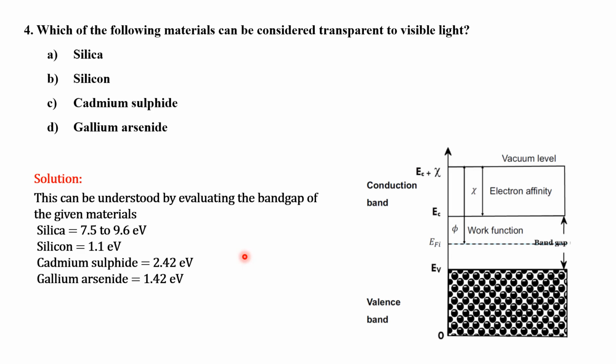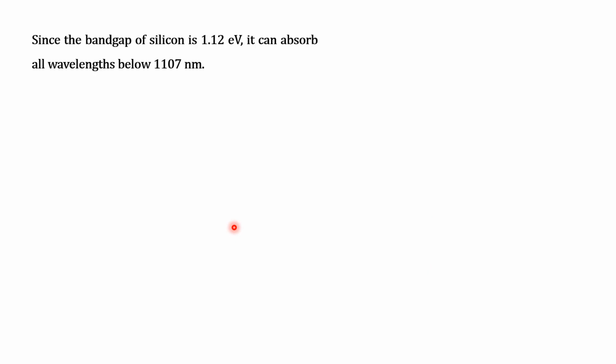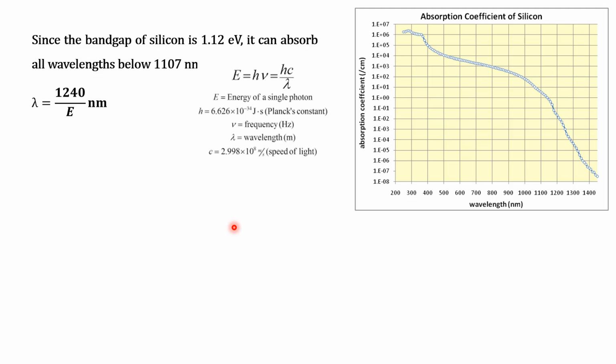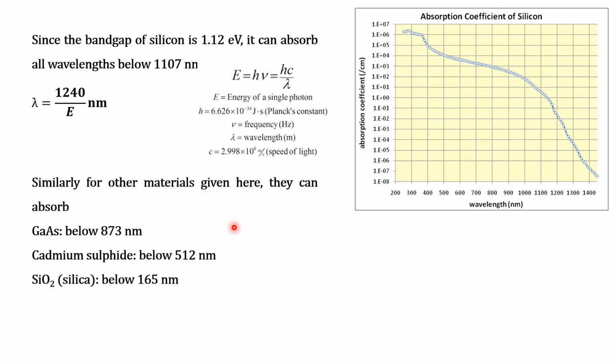Visible starts from 400 to 700, and all of that is visible. Here they are asking transparent to visible, which means that if the band gap is such that it is not able to absorb above 400, then it is transparent. If your material is not absorbing above 400, it is transparent to visible light.